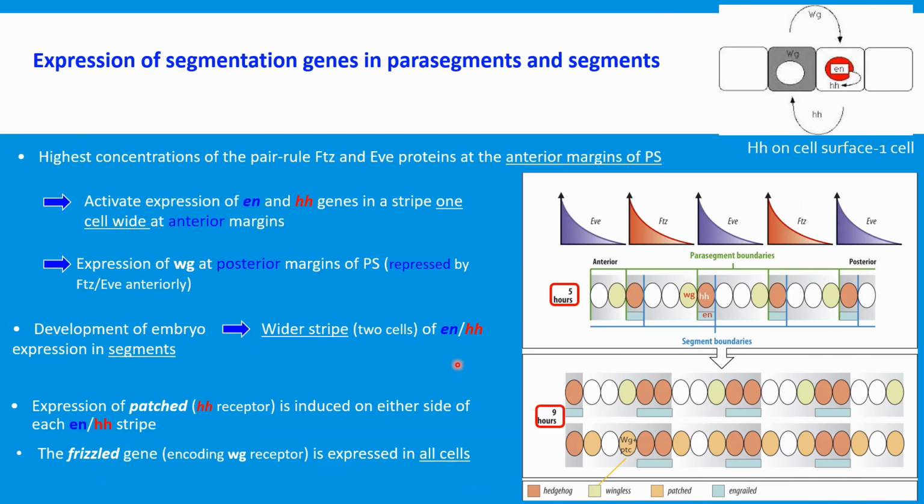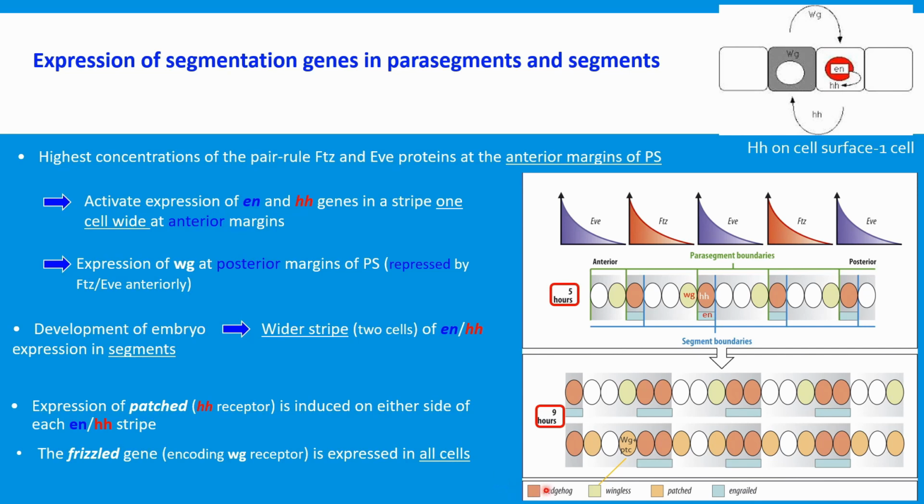So now we come to this slide, which is to help us understand the transition from parasegments to segments by looking at the expression of the segmentation genes in the parasegments and segments. And we'll just go through this part of the figure first. Let's have a look at the color code for players in this diagram.